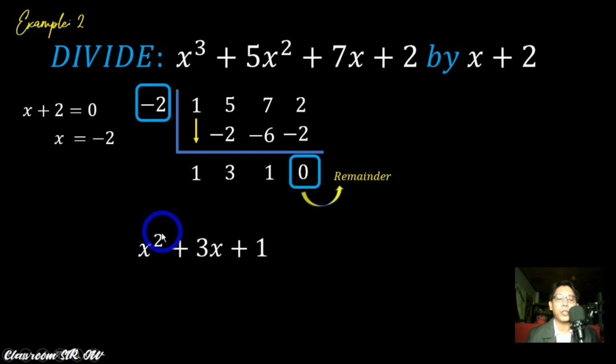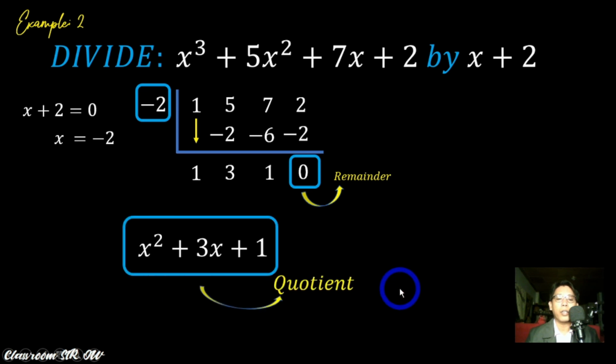This is 1x squared supposedly, plus 3x, because after x to the power 2 should be x to the 1, plus 1, which is our constant. And since the remainder is 0, there's no need for us to write 0 for our quotient. Therefore, the quotient for the given polynomial divided by x plus 2 is actually x squared plus 3x plus 1.